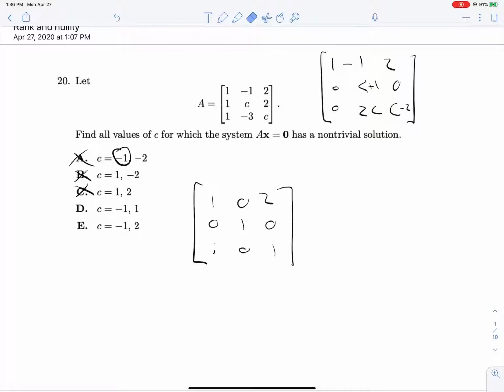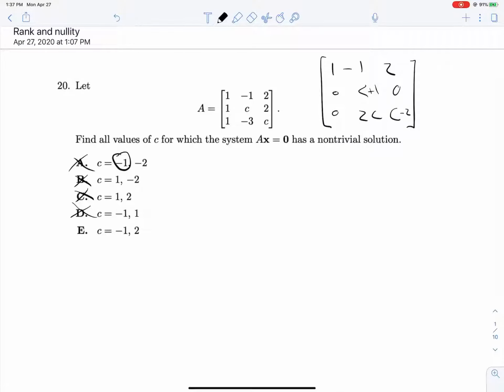And then if we subtract row 1 from row 3, use that to set that to 0. Oh, so nope, that's no good. That also reduces down to the identity matrix.